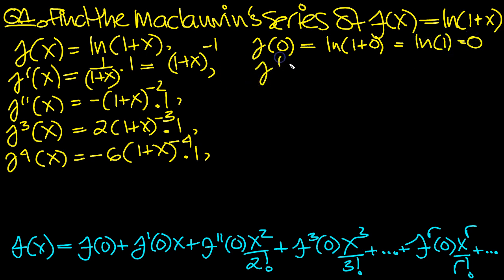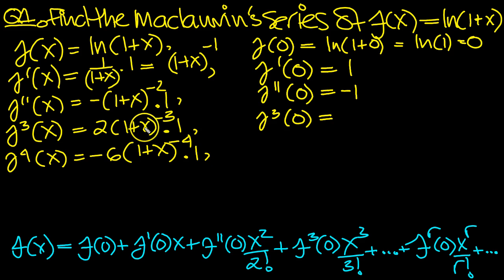F dashed of 0: put 0 in here, you just get a 1 to a power, which is 1. F double dashed of 0: put 0 in here, again you get a 1 to a power, which is just 1, with a minus.